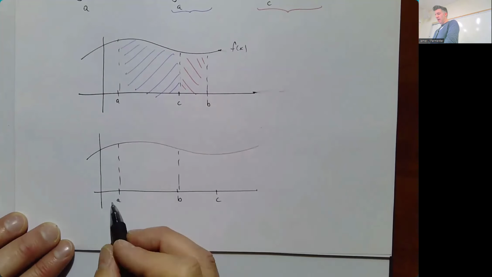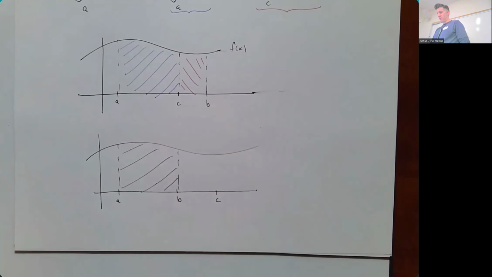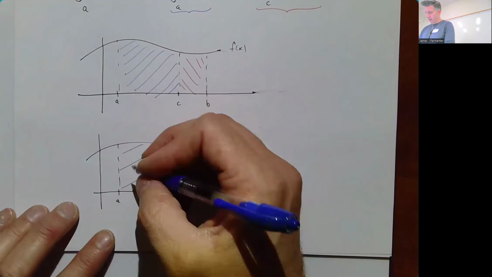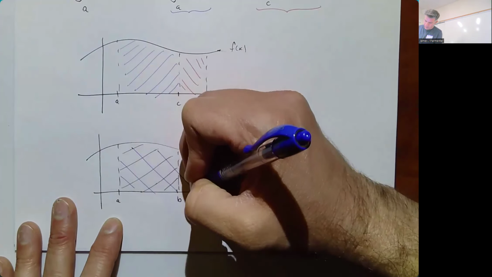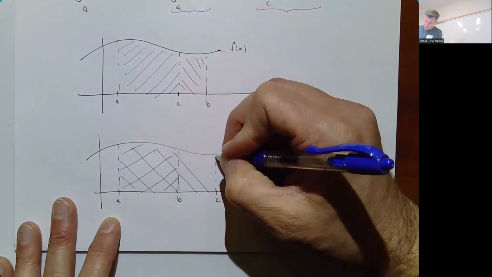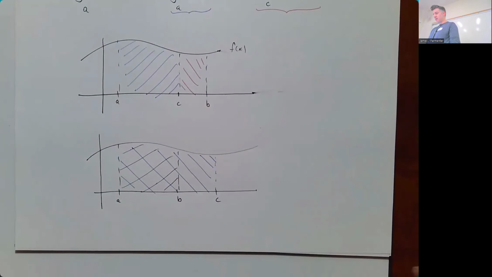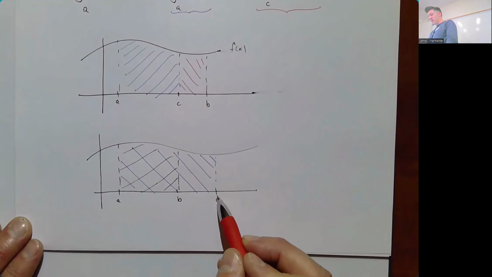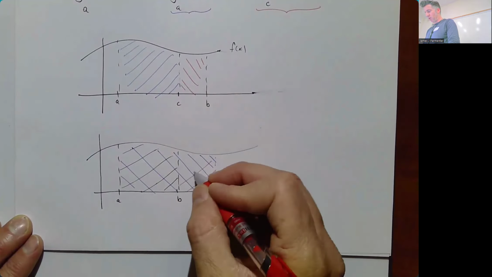So now I'm saying that the area from a to b is equal to the area from a to c plus the area from c to b. Oh, but c to b is out of order.